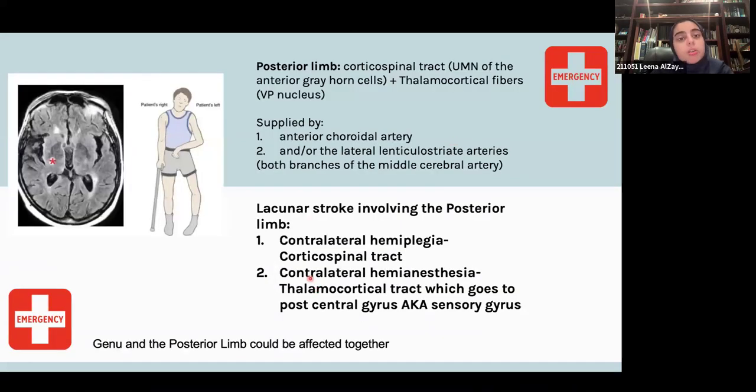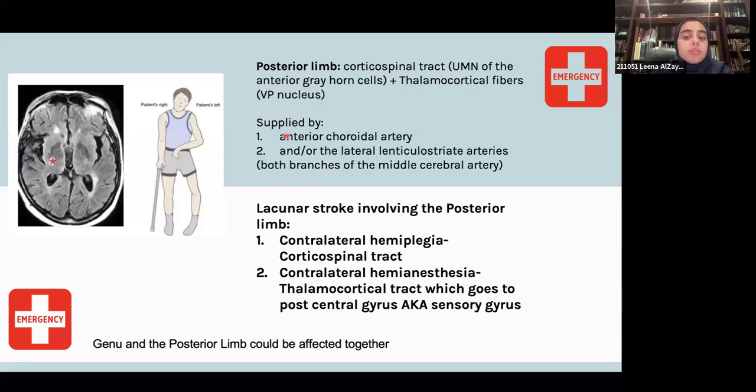So just a reminder of the clinical aspect: the posterior limb is responsible for the corticospinal tract, which is the upper motor neuron of the anterior gray horn cells. And in addition to the thalamocortical fibers coming from the ventroposterior nucleus, meaning they're responsible for going to the postcentral gyrus, which is sensory.